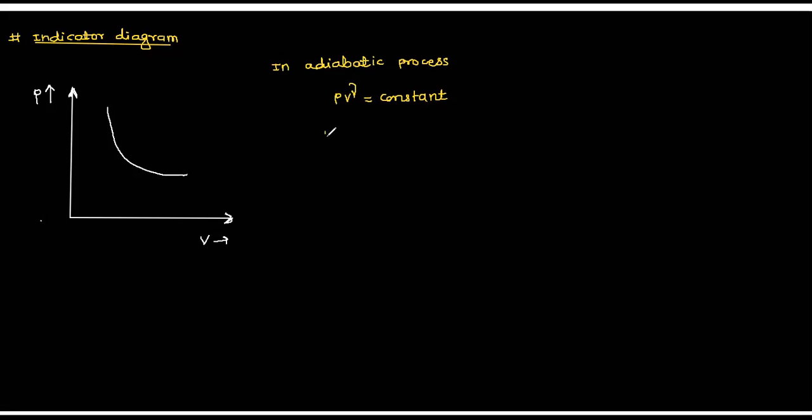Now, by differentiating this equation, what are we getting? d/dt of PV^gamma is equal to d/dt of this constant, so this is equal to 0. Here you have to use the UV rule.